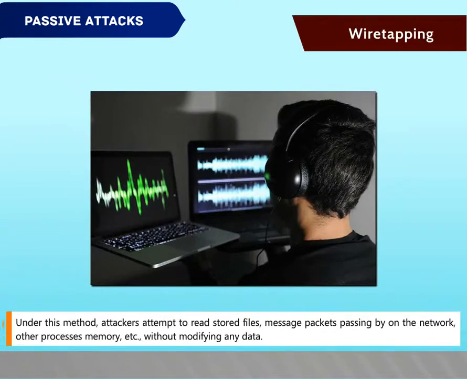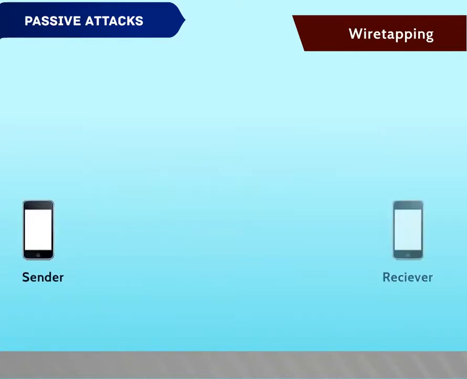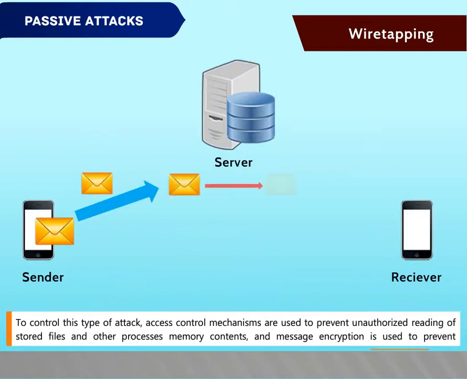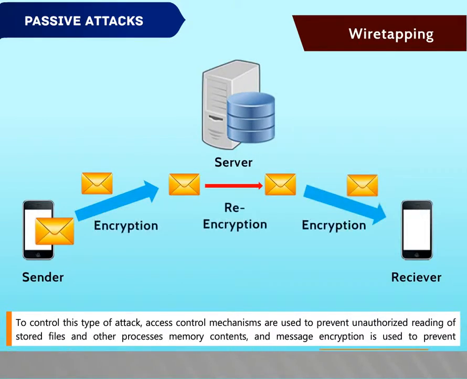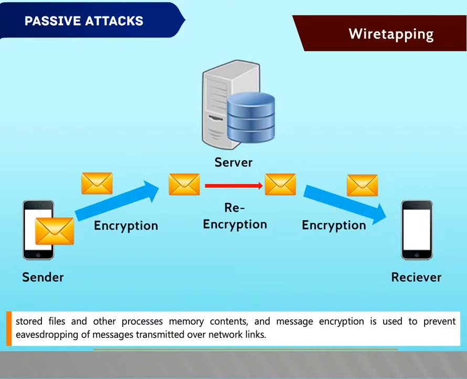Under this method, attackers attempt to read stored files, message packets passing by on the network, other processes, memory, etc. without modifying any data. To control this type of attack, access control mechanisms are used to prevent unauthorized reading of stored files and other processes' memory contents, and message encryption is used to prevent eavesdropping of messages transmitted over network links.